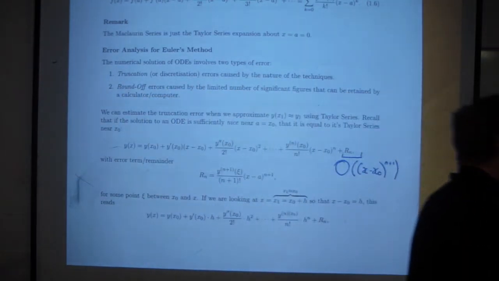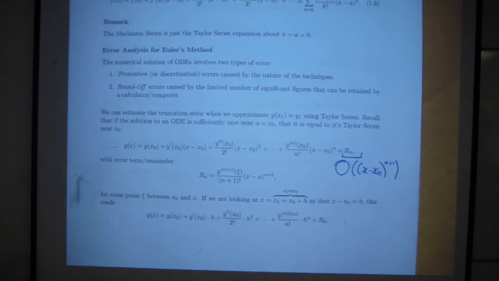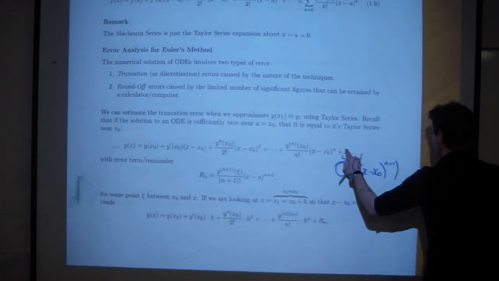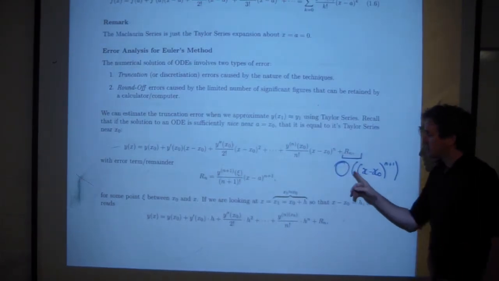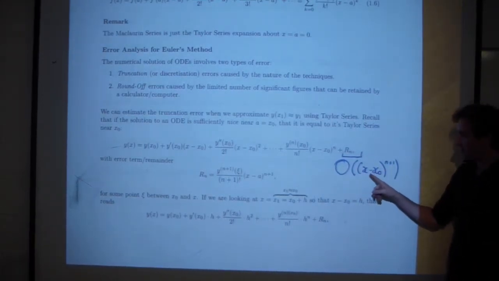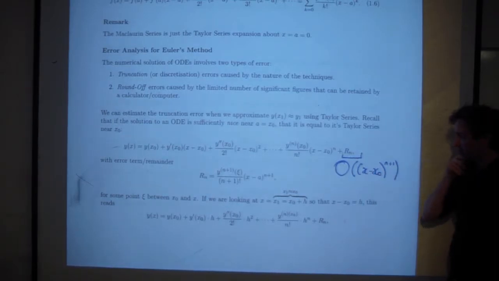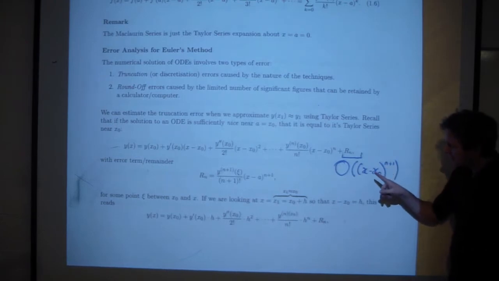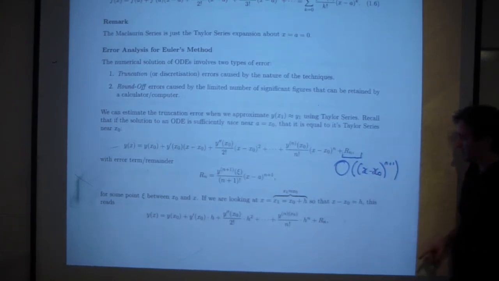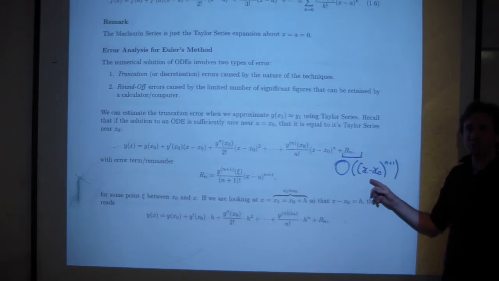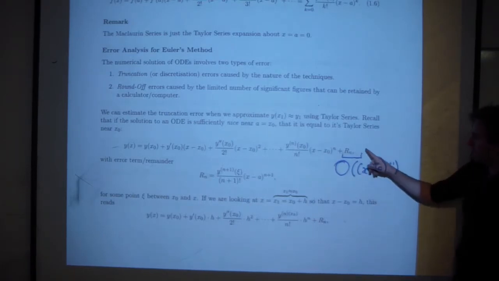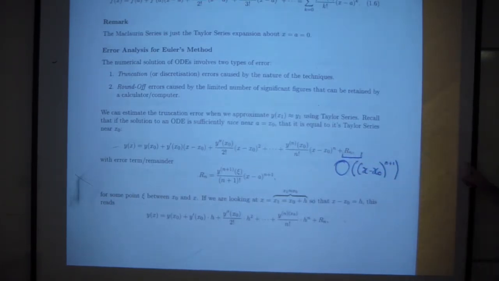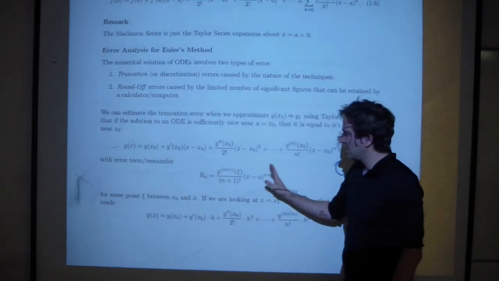But what you can show with heavier techniques than what we're going to look at is that in fact these infinitely many terms that are all multiples of (x − x0)^(n+1) add up to something that is order (x − x0)^(n+1). That means a multiple of this.